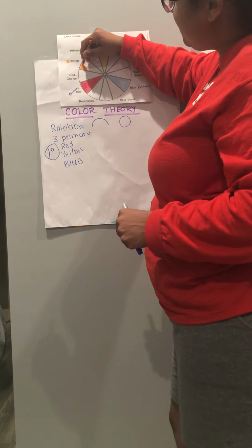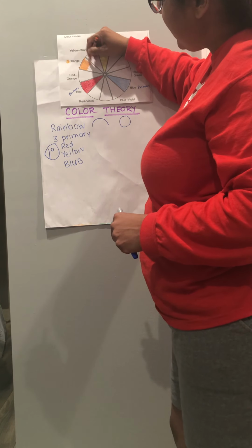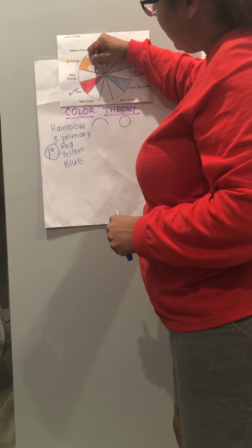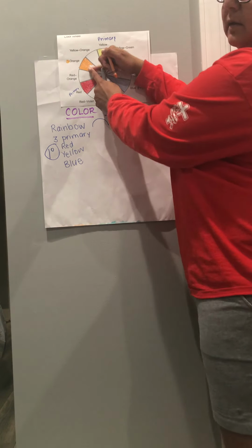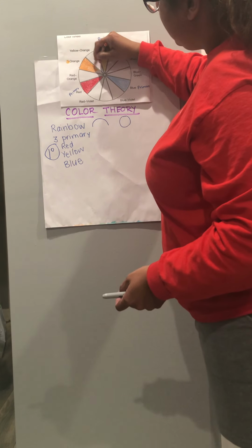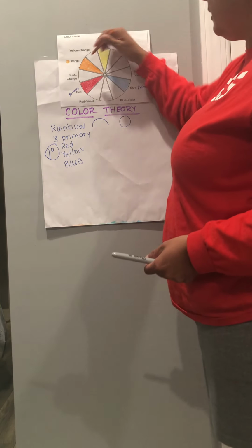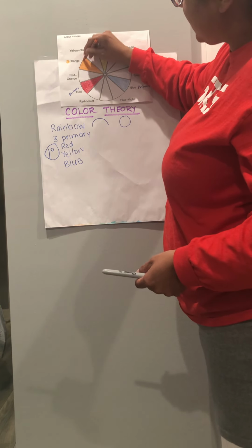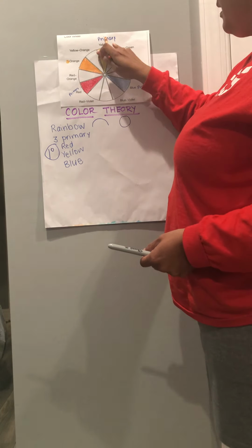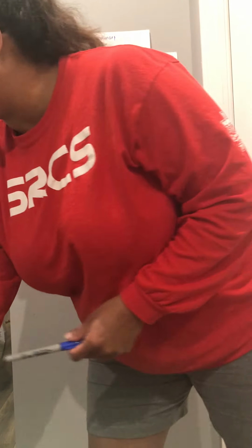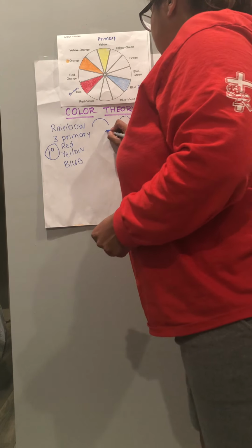So when you mix 2 primary colors, you're going to get a secondary color. And if you notice, they're always in the middle of the 2 that it makes. So if I mix yellow and red, I get orange, a secondary color. So 2 primary colors make a secondary.